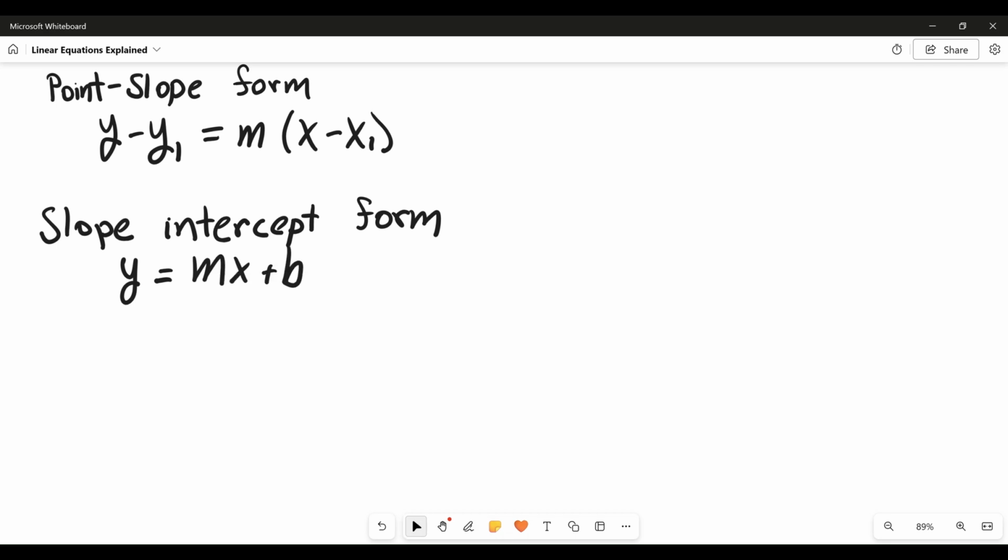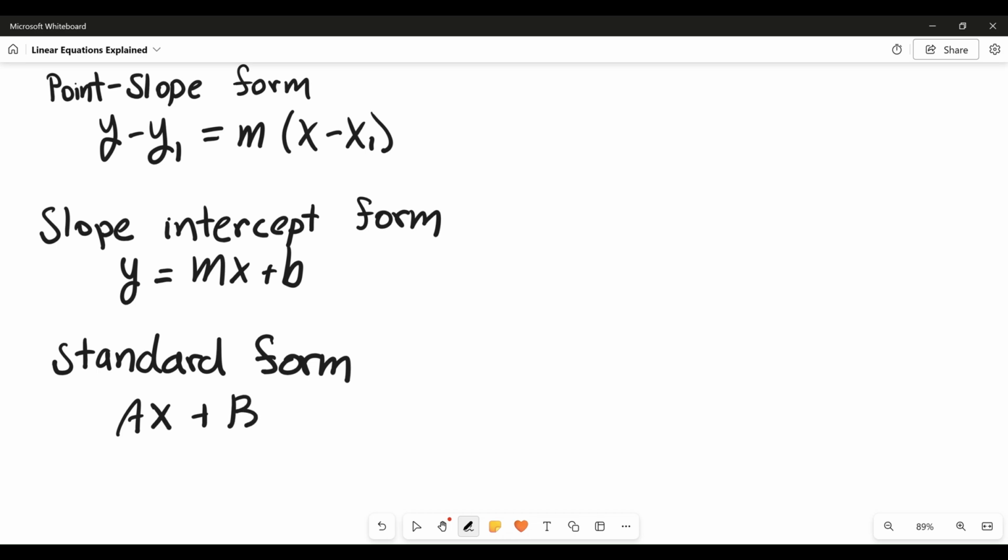The third one is standard form, which is ax plus by equals c.